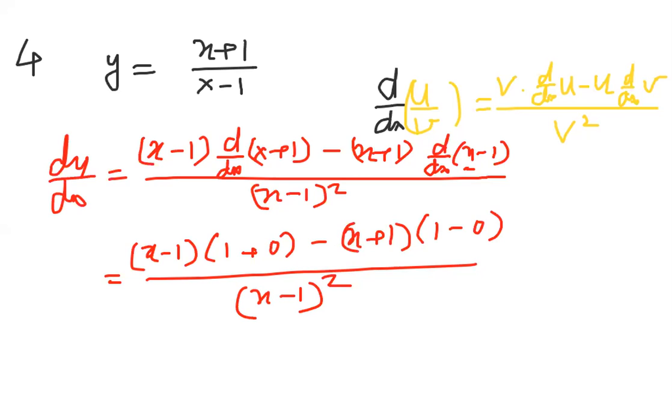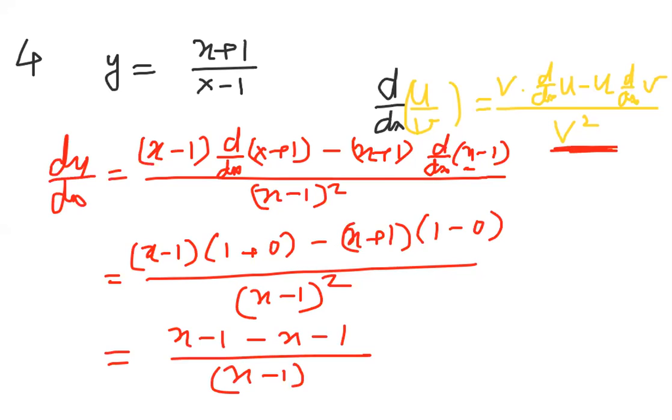Keep in mind, if I did not know this identity, I would not be able to attempt this question. So it fully depends on the identities. If we know the identities, we will be able to do the question. x minus 1 minus x minus 1 upon x minus 1 whole square.